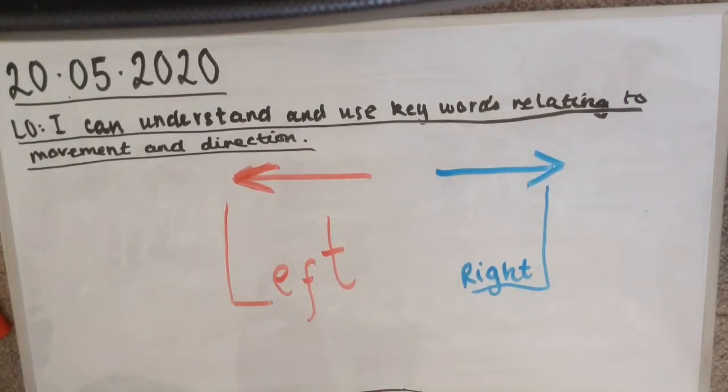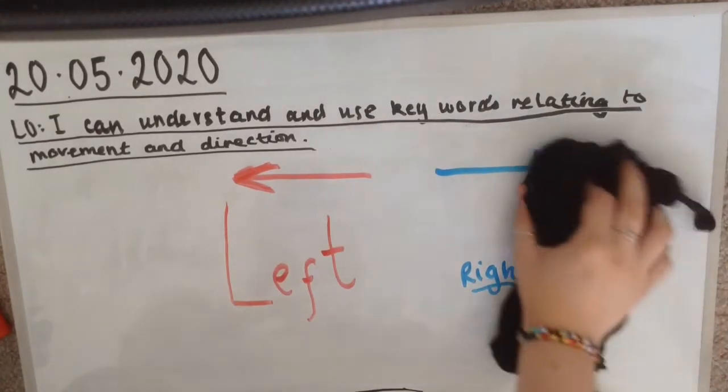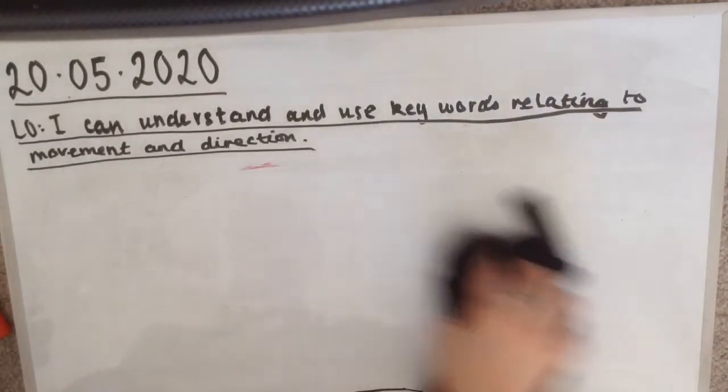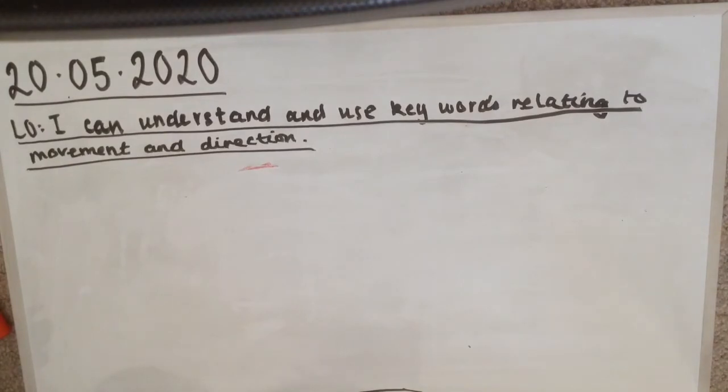So, bear that in mind. I'm going to give you a few questions, and I want you to tell me whether the object has moved to the left or to the right. Okay? So, I'm just going to rub that off. I have a pen here.